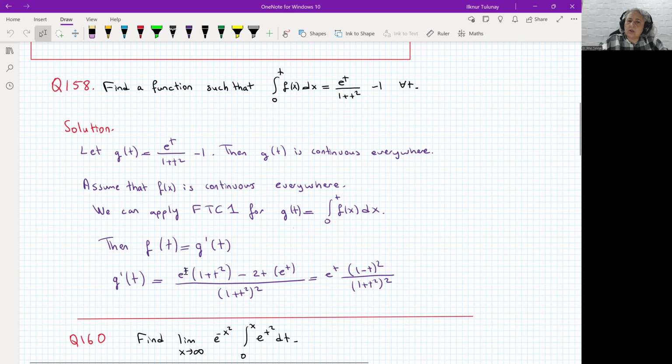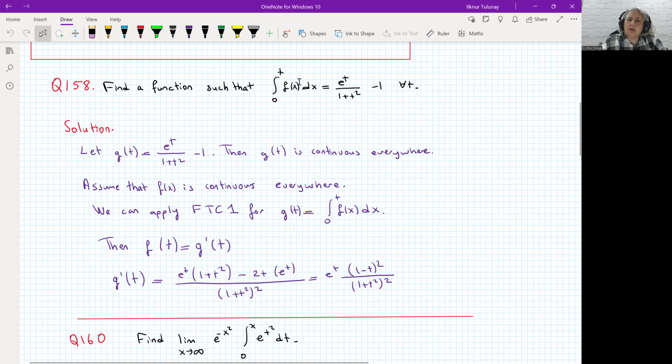The derivative of e to the t is e to the t, multiplied by the denominator, minus the derivative of 1 plus t squared, which is 2t, times the exponential of t, over the square of the denominator. So what we have here is e to the t times (1 minus 2t minus t squared)... so that's 1 minus t squared, and we have 1 plus t squared on the denominator. So that's the answer.